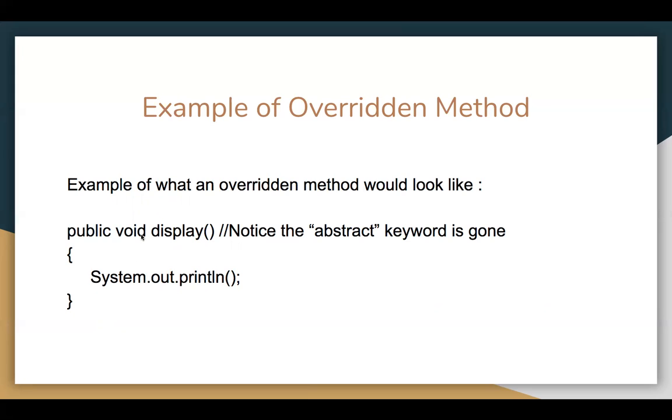So if you turn this into an int, it's like creating another method, and in that case Java would still think that you didn't implement the abstract method. So when you're doing abstract methods, you have to do the exact same thing: same return type, same parameters, same data type of parameters, and same name. Otherwise, you're going to get an error.